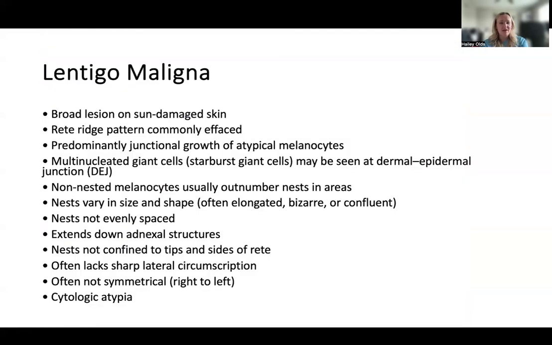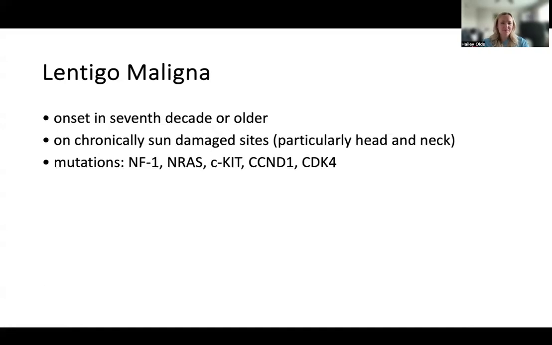And then if it goes into the dermis, then it's lentigo maligna melanoma, but lentigo maligna is more of like a melanoma in situ. And then mutations that you can see in this are NF1, NRAS, CKIT, CCND1, CDK4, and it's on chronically sun damaged skin.